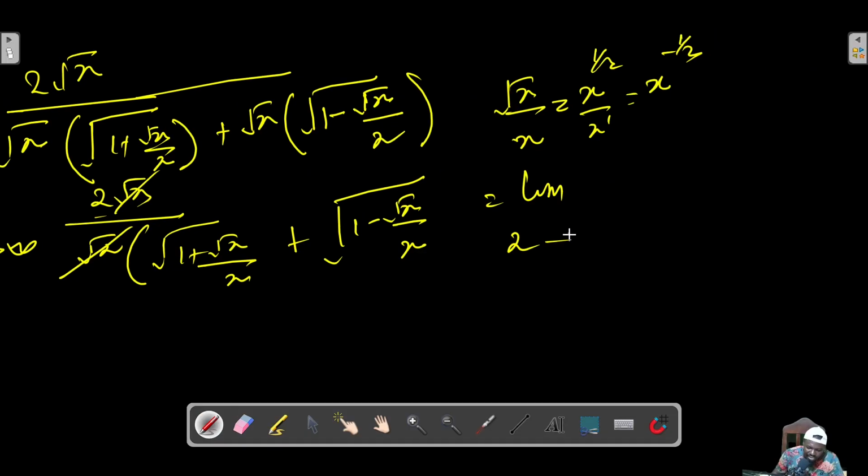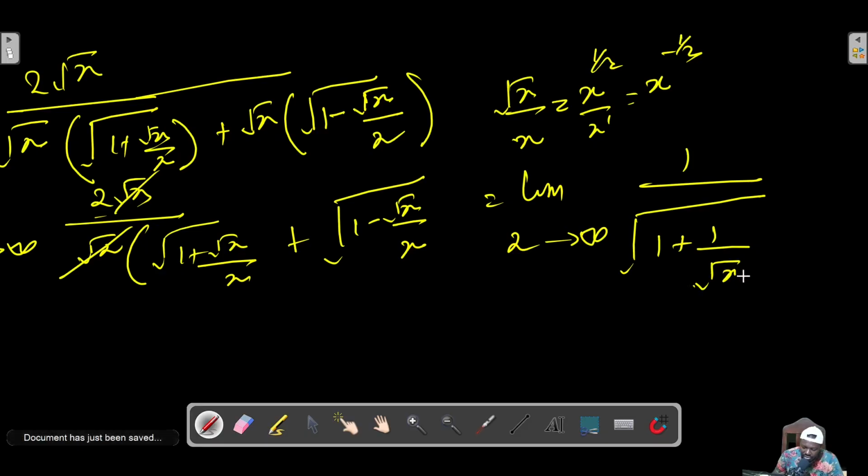It is so simple. This can be written as the limit as x approaching infinity of square root of 1 plus 1 over, because x raised to the power negative half is 1 over root x.